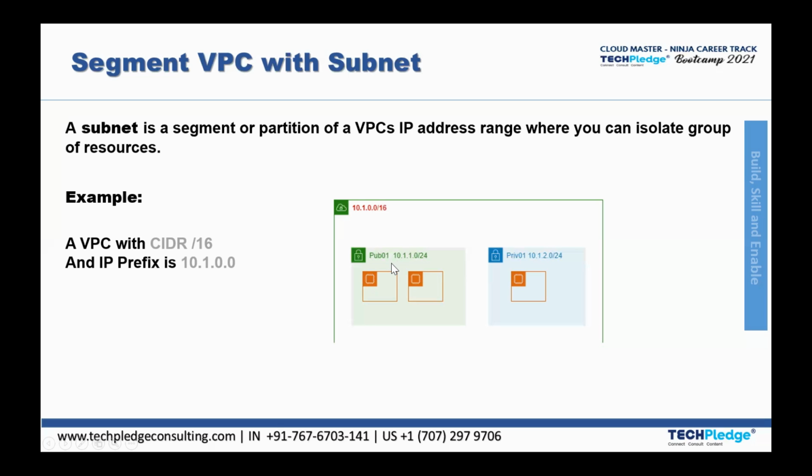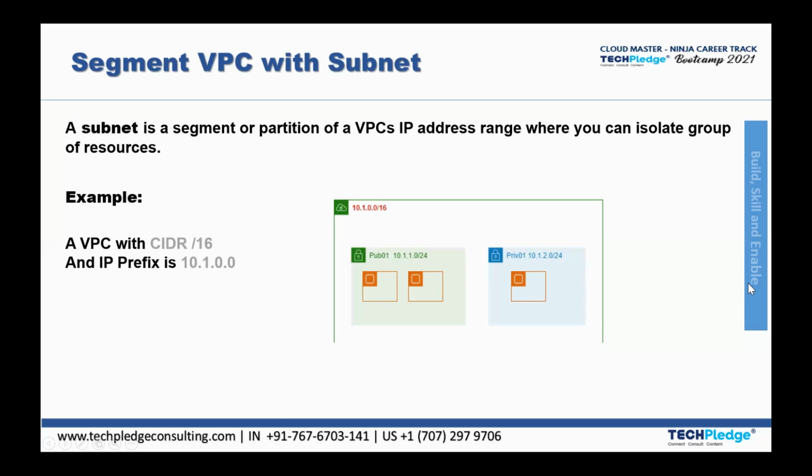What are the components that come under the public IP? Inside this public IP block diagram, we have two EC2 instances. And this is the private IP diagram. We have only one EC2 instance.